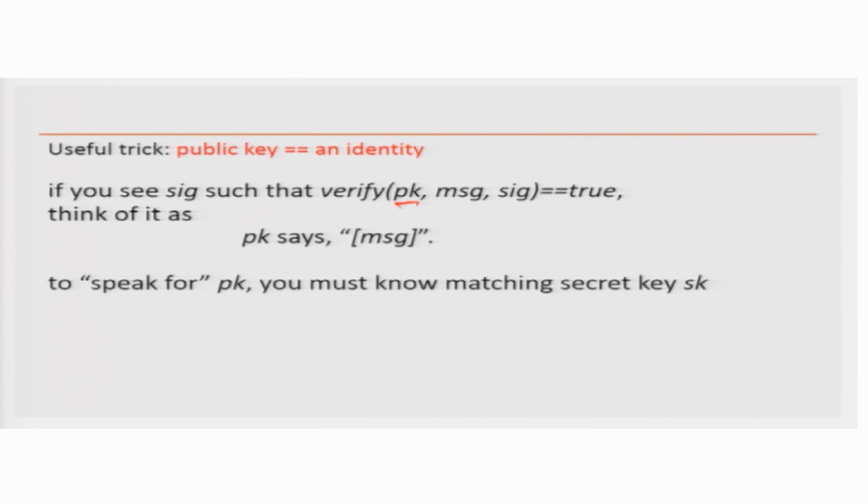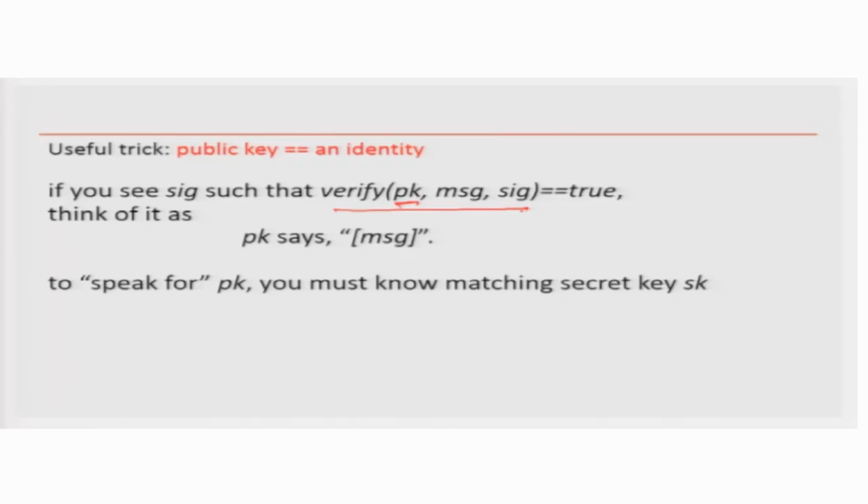So, when you sign a transaction saying that I am making this transaction, since you have announced your public key as your identity, they can use that to verify that it is indeed your signature. So, the public key kind of speaks for you, and nobody else can sign for you, even if your public key is known, because as we discussed before, the public key is not enough to do a signature.